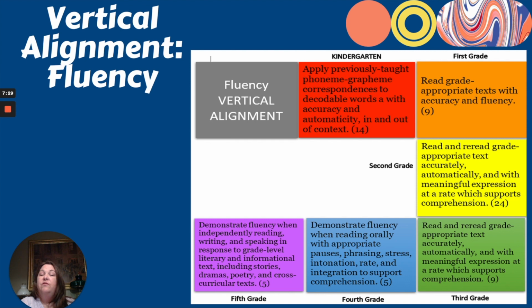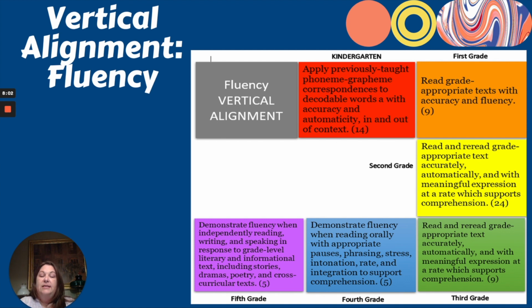As students reach 5th grade, we expect them to demonstrate fluency when independently reading, writing, and speaking in response to grade level literary and informational texts, including stories, dramas, poetry, and cross-curriculum text. Notice how the complexity and rigor of the standards increases from grade to grade.